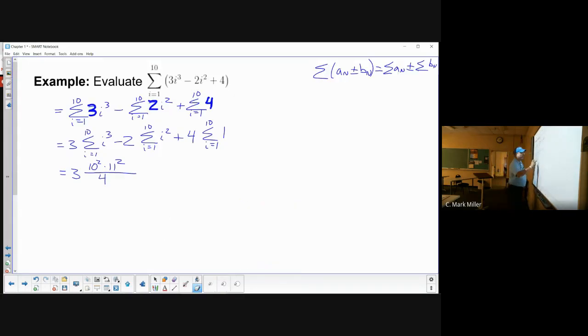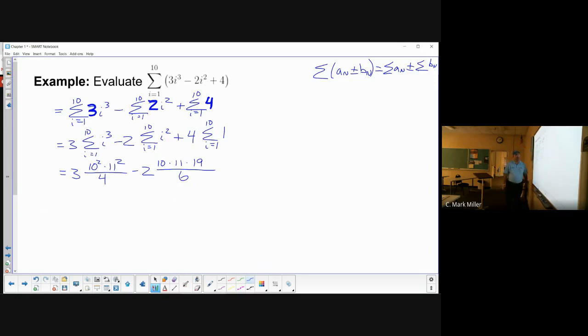Minus 2 times the formula for i squared. We're going to have n, 10, n plus 1, 11, 2n minus 1. So that's 2 times 10, 20, minus 1 is 19, all divided by 6.